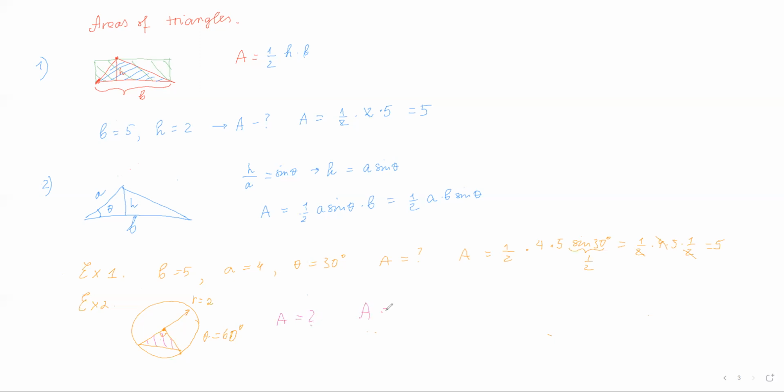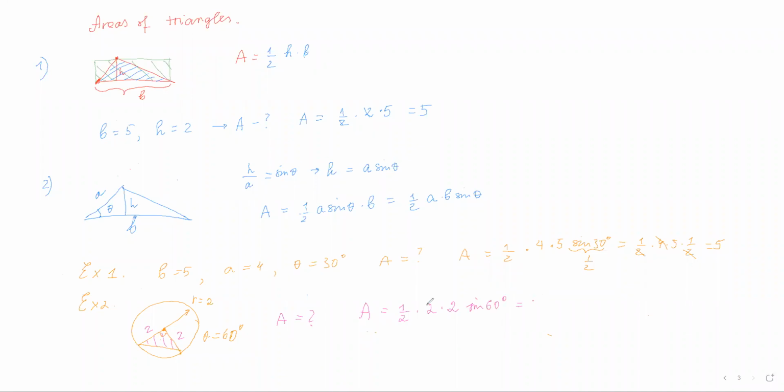Well, again, we use the formula, right? Do we know the sides of the triangle? Well, actually, no, but we do know that these sides are making the radius. So this side is 2 and this side is 2. So we have 1/2 from the formula, A is equal to 2, B is equal to 2, and we multiply by sine of 60 degrees.